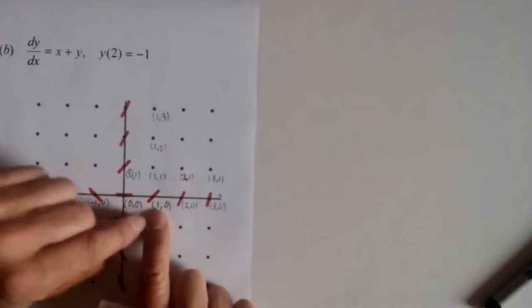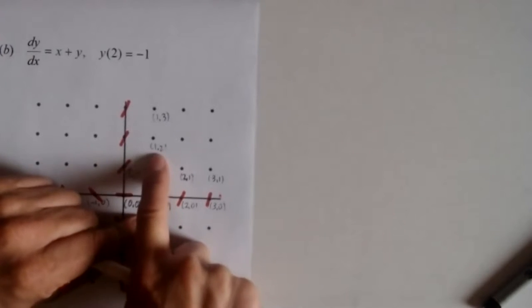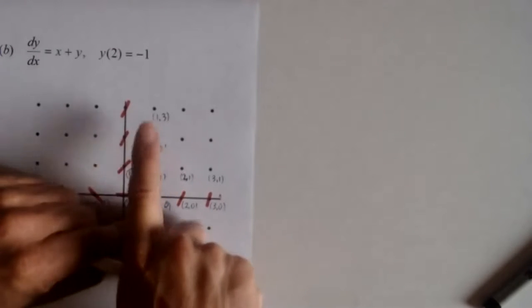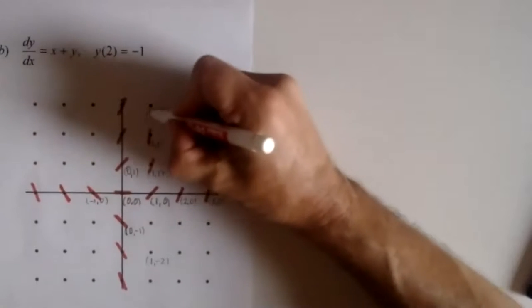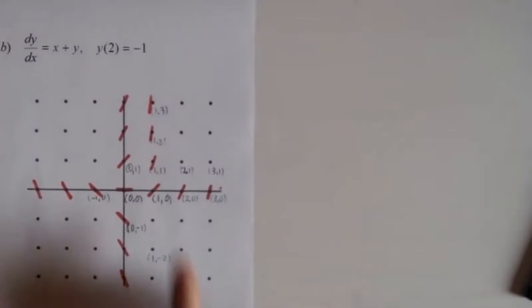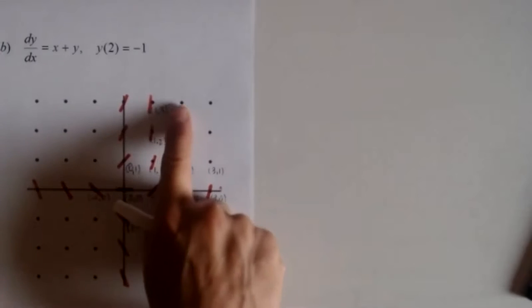Now, what happened in these points? Well, if you see, there are patterns. This is 1 plus 0. Here is 1 plus 1, 1 plus 2, 1 plus 3. So here is 2, 3, and 4. So I'm going to do only 2, 3, 4, correct? This is 2, 0, 2, 1, 2, 2, 2, 3.